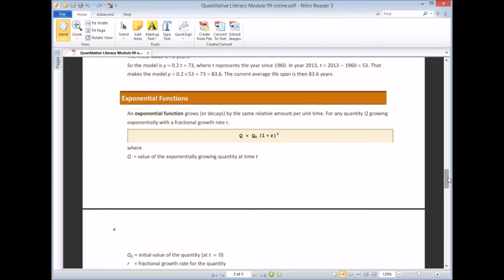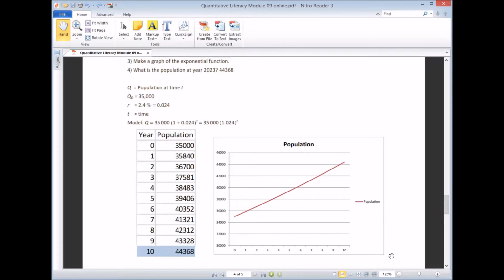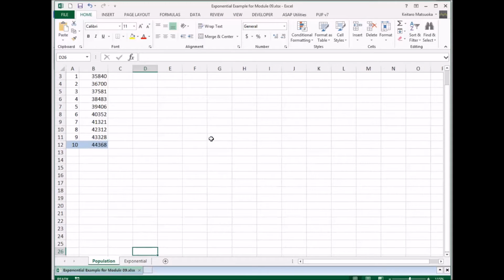So how do we model this using Excel? So let me switch to Excel here. Here's my initial value. So for the second year, I need to calculate what that is.